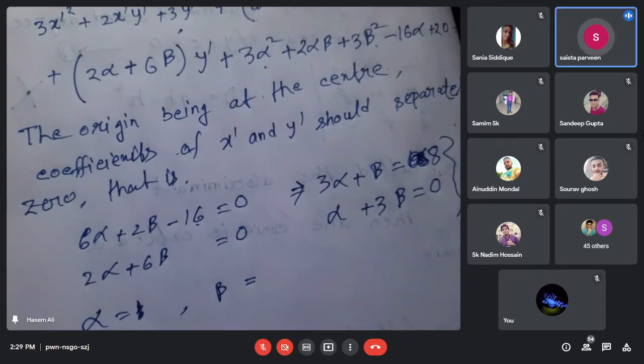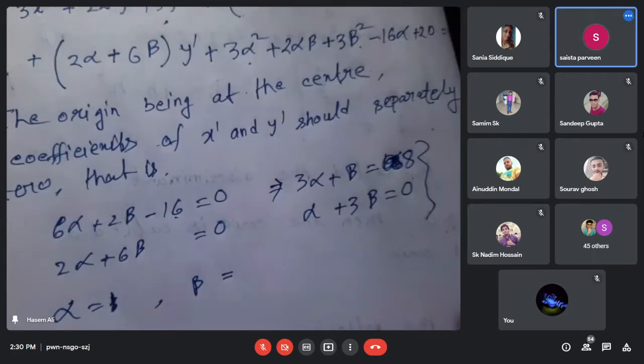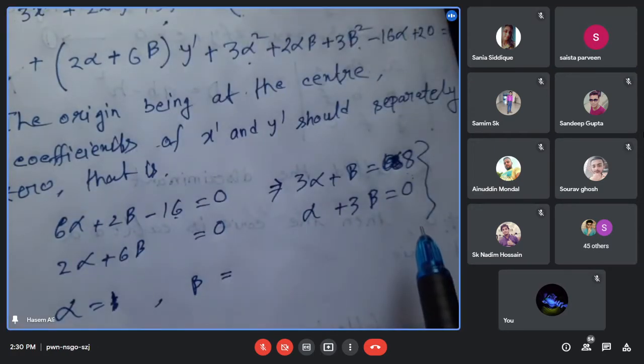Alpha is equal to 4 and beta is equal to -4. Check, please, again check.